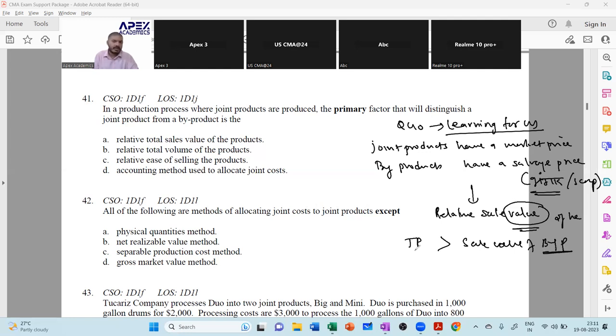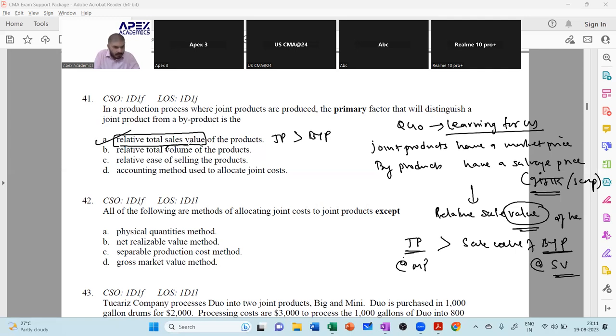What is BYP? Byproduct. JP means joint product. Of course, you are selling this at market price and you are selling this at scrap value. So obviously the relative sales value of the JP will be greater than the BYP.